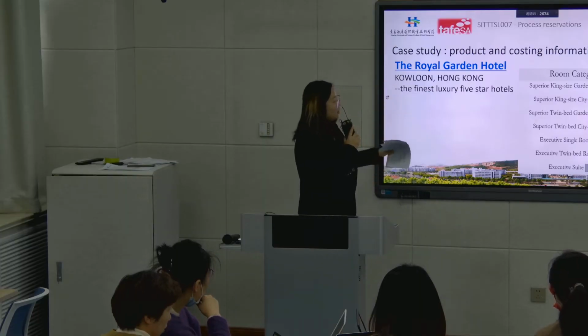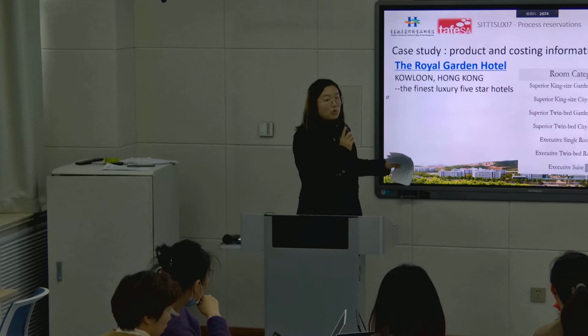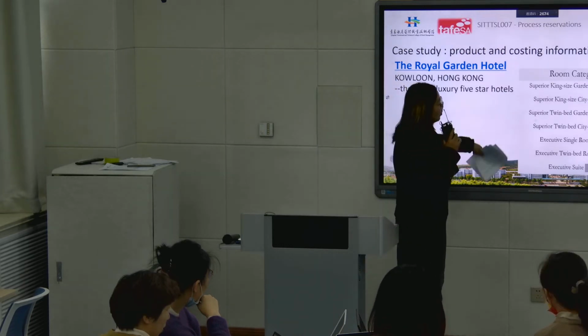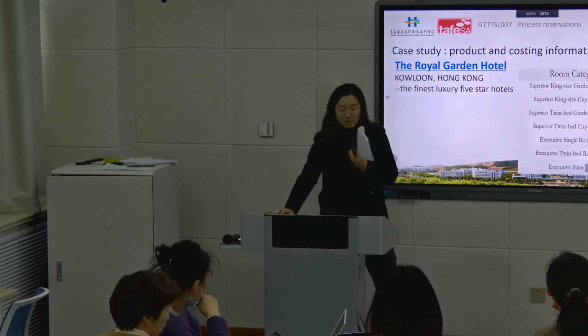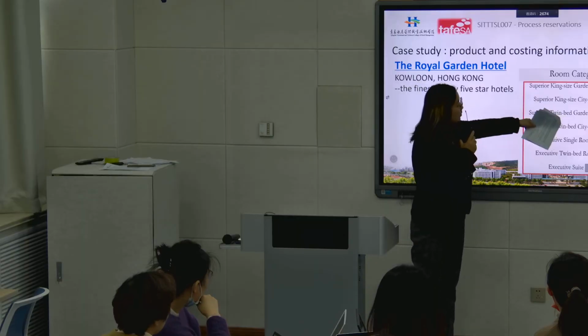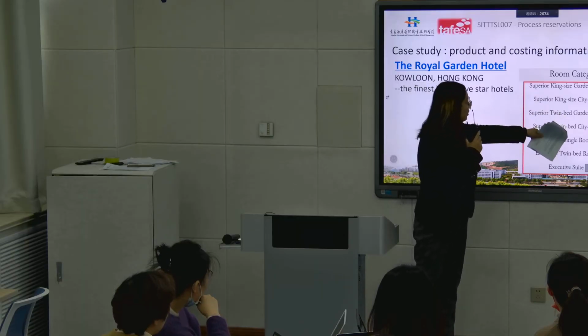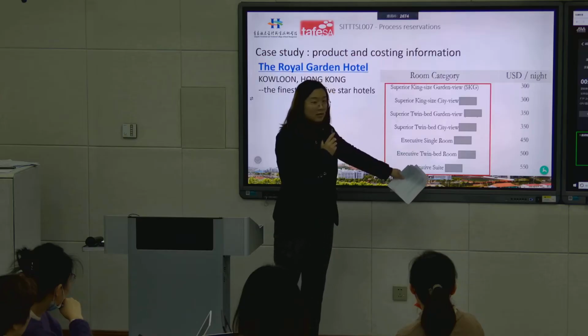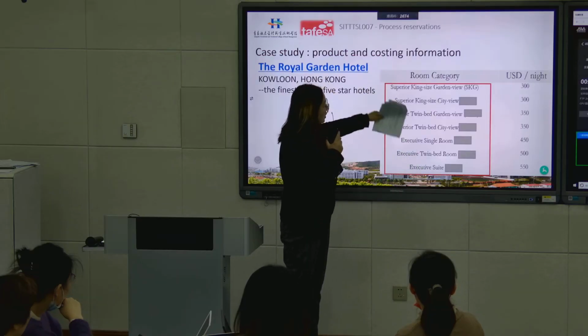Back to the K-Story Hotel, the Royal Garden Hotel, we can say there are 7 room categories in this hotel: superior king-size garden view, superior king-size city view, superior twin-bed garden view, superior twin-bed city view, executive single room, executive twin-bed room, and the suite. So there are 7 room categories.